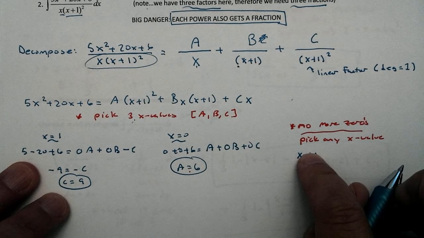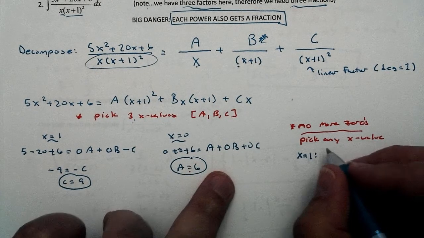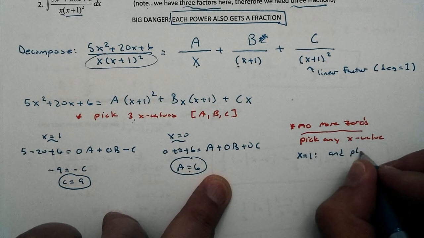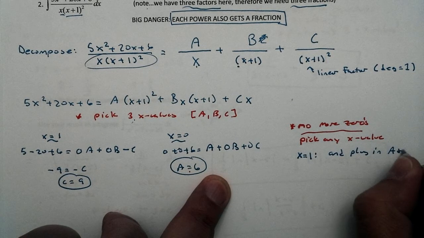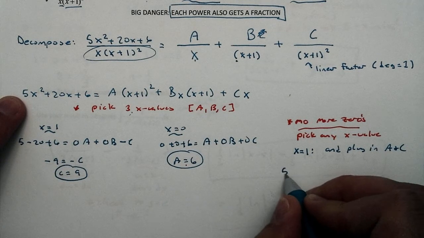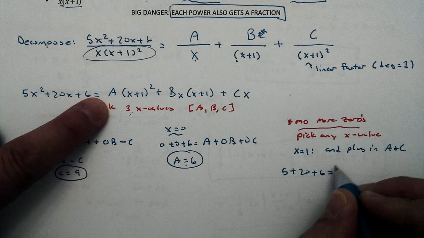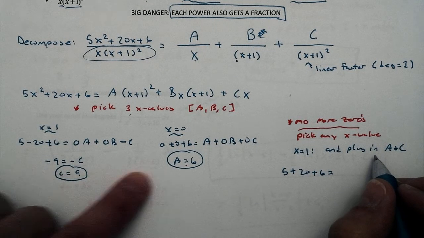But not only am I going to let x equal 1, I'm also going to plug in my A and C here. So let's go and do that. This now becomes 5 plus 20 plus 6 equals, I already know what A is. A is 6.